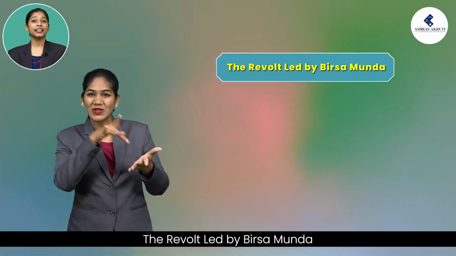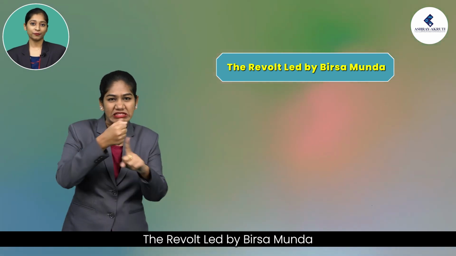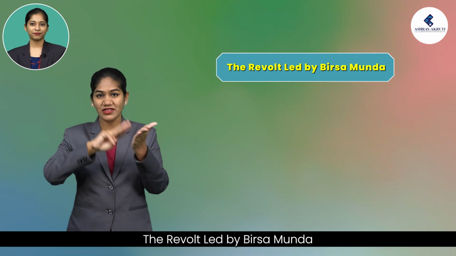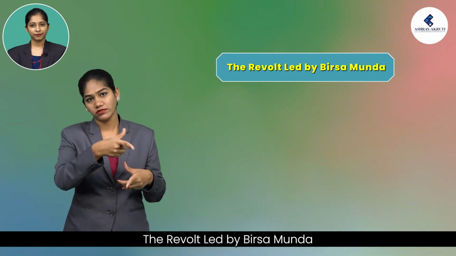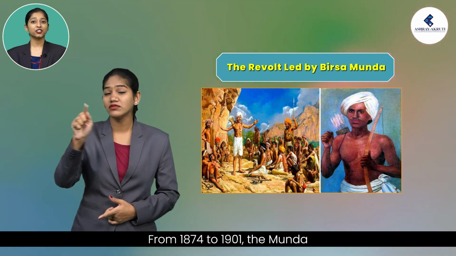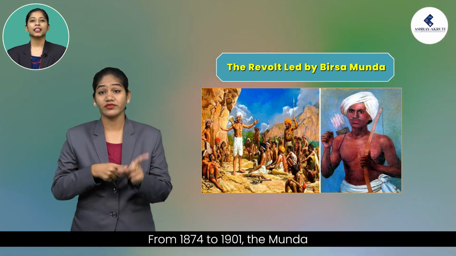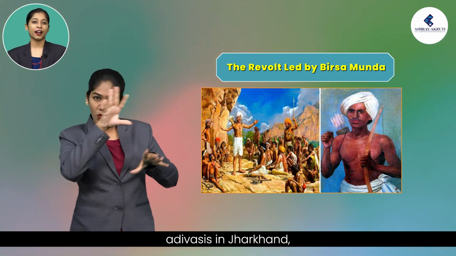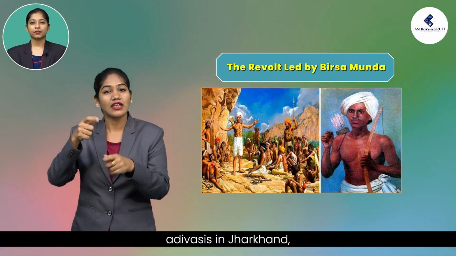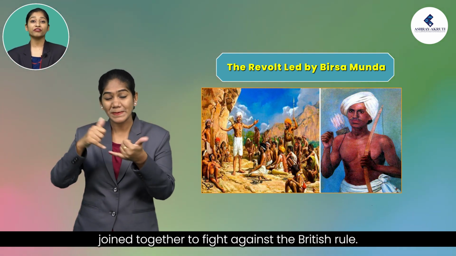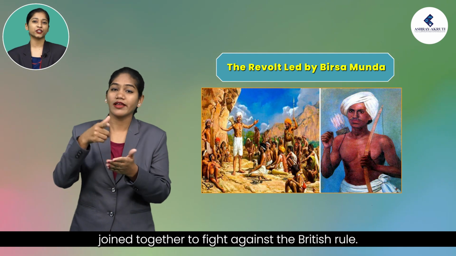The revolt, led by Birsa Munda. From 1874 to 1901, the Munda Adivasis in Jharkhand, led by Birsa, joined together to fight against the British rule.